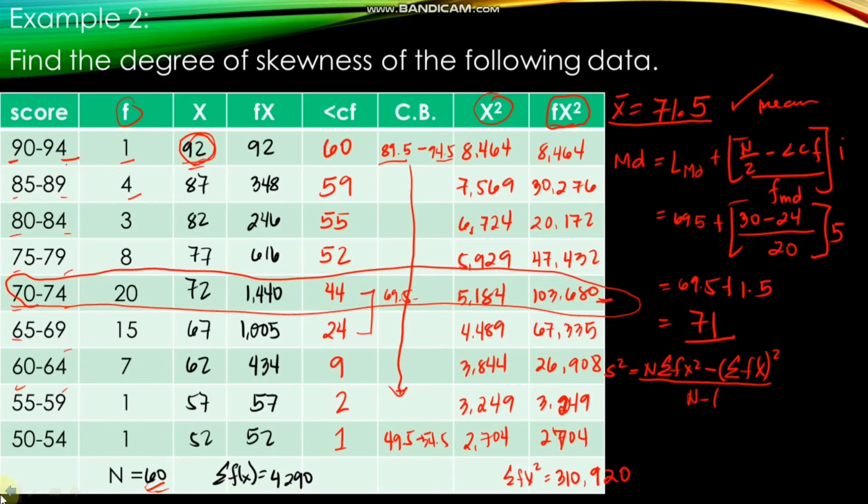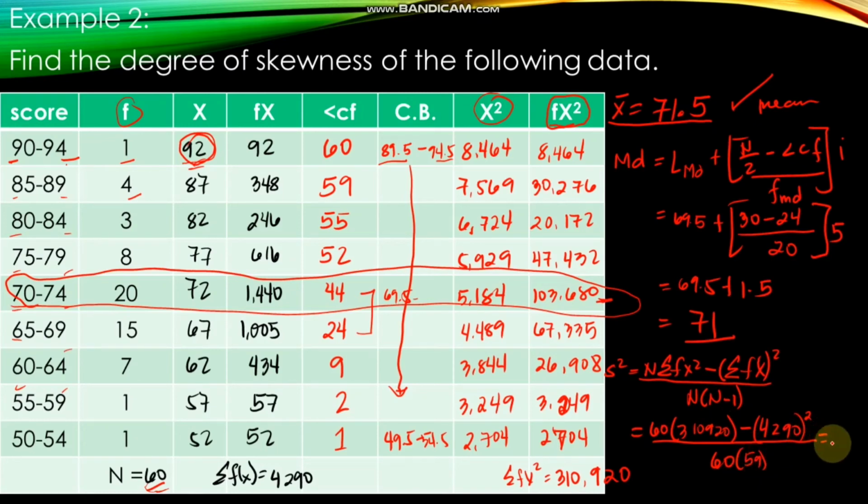n times n minus 1. Wait, let me erase first. Okay, next, n times n minus 1 equals, okay, n is 60 times the total frequency x squared, that is 310,920, subtract this 4,290 squared, over 60 times 60 minus 1, that is 59.